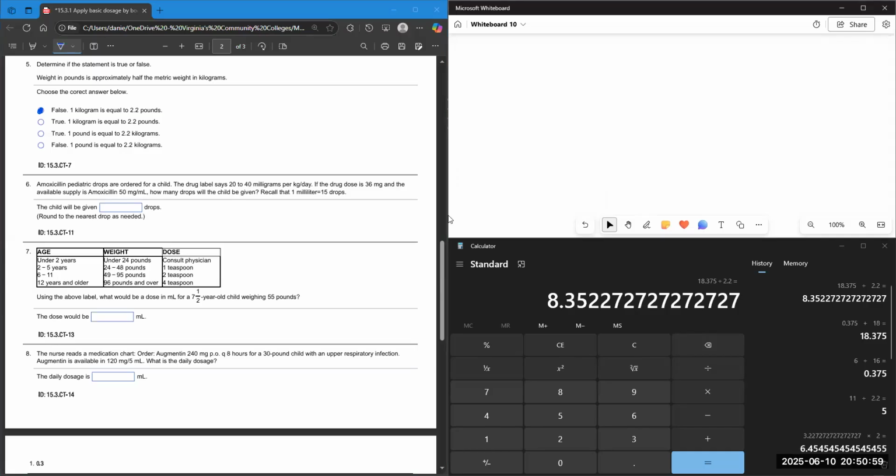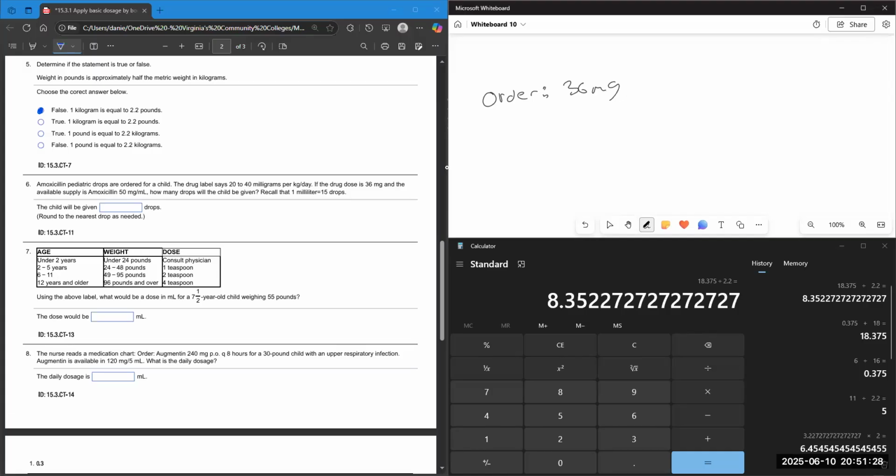So nowhere are we told the weight of the child, right? So we just have to figure this out and say the order, assuming that we already figured out by the weight of the patient, is 36 milligrams.